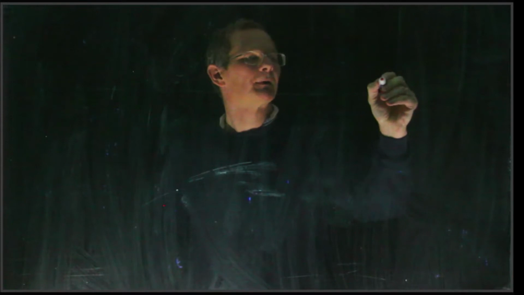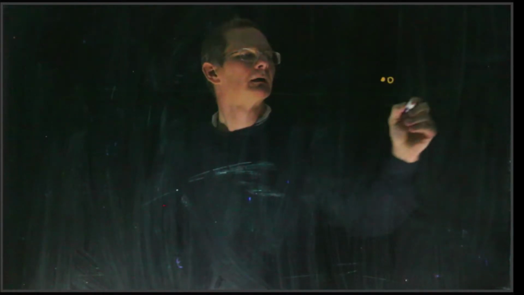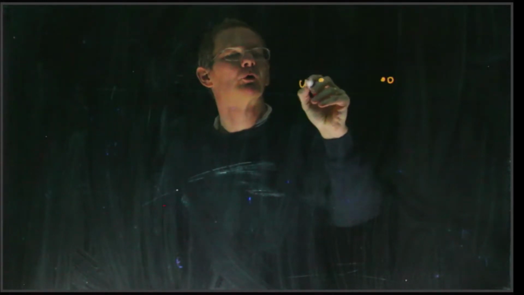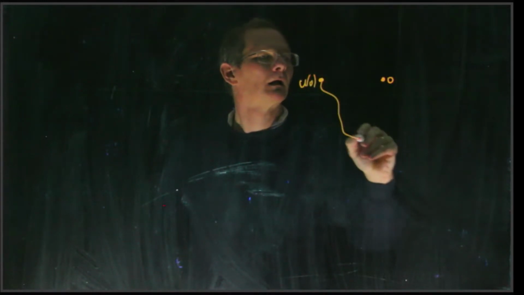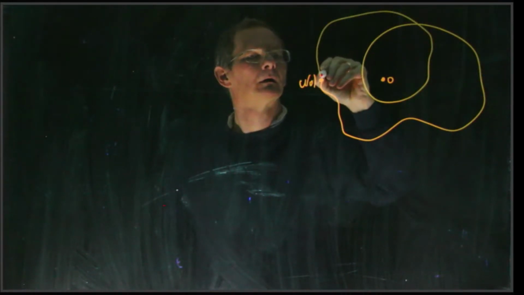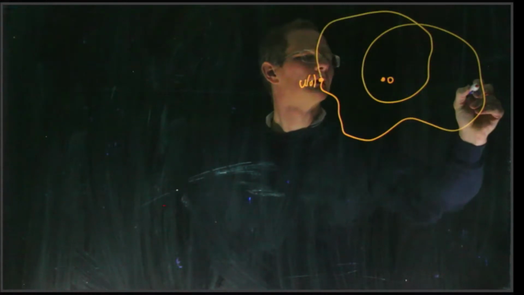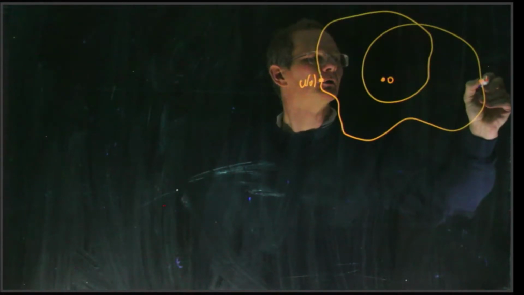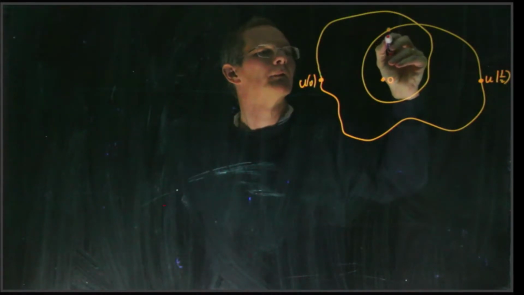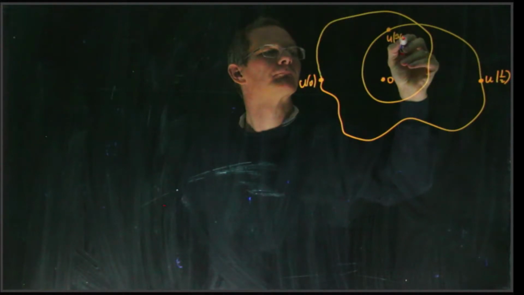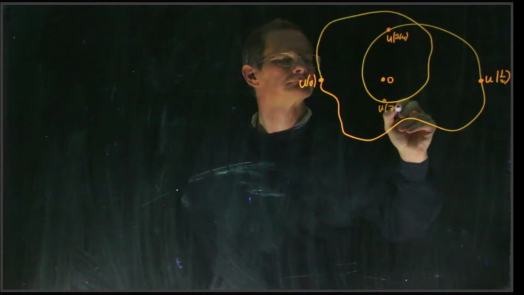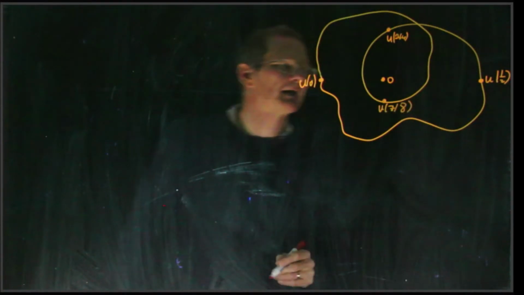So as an example, you might have a path like this. Here's 0, and then here's maybe your u of 0. And then you've got u of a half here, say, and then maybe u of 3/4, u of 7/8 there or something.